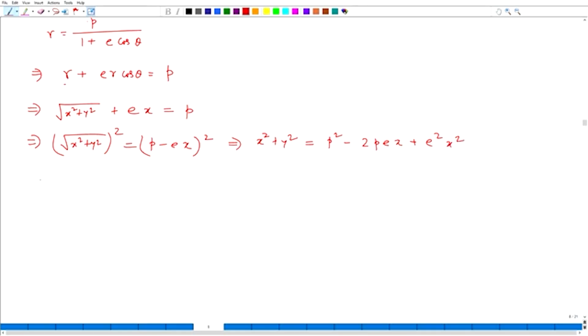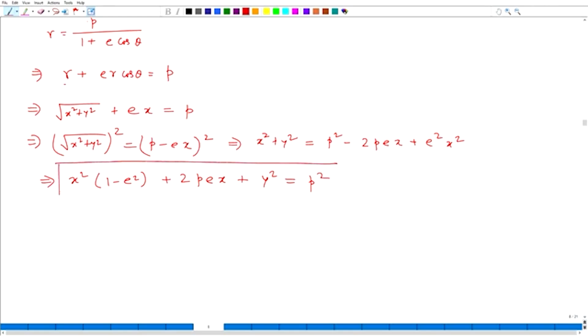If you rearrange, you get a very friendly form: x squared times (1 minus e squared) plus 2 p e x plus y squared equals p squared. This is the familiar Cartesian form of the conic sections.